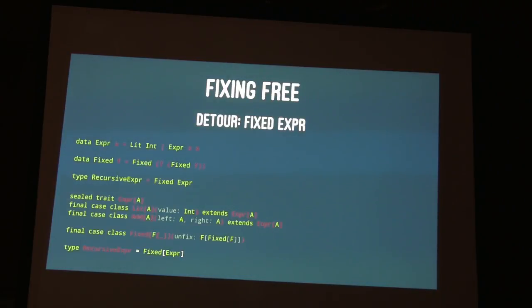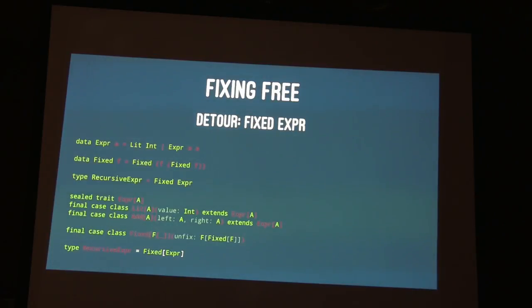However, I can regain that recursive structure by using a fixed point type. And this generic fixed point type, called Fix here, basically says you can construct a Fix by having an f, a type constructor of kind star to star, and then inside there it's going to reference itself.